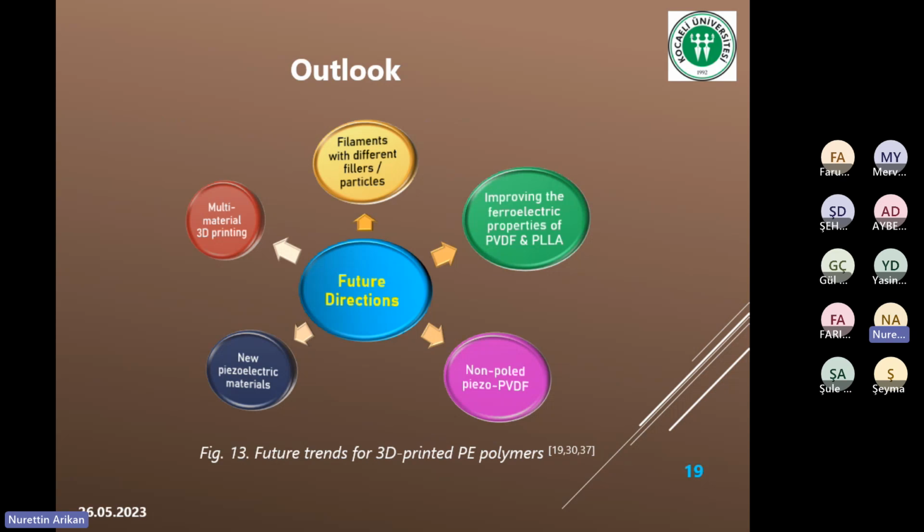As we already know, some engineering thermoplastics tend to stick to each other, like PLA and PETG, or ABS and some other TPU, thermoplastic polyurethane.